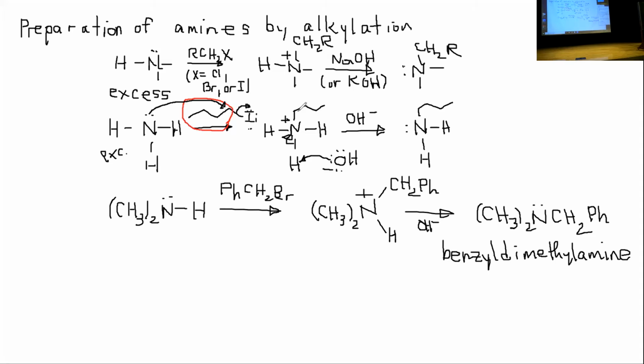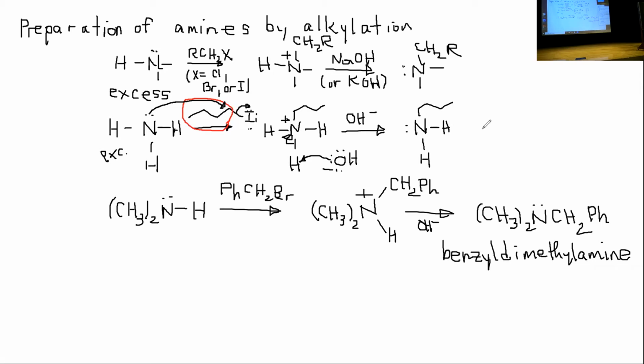So you initially get this stuff that, of course, you deprotonate to get this. But then if you've still got more of this alkyl halide around, it's possible that this amine product could react with the alkyl halide also and give you something with 2 butyl groups and 1 hydrogen. And then maybe again with 3 butyl groups and no hydrogens.